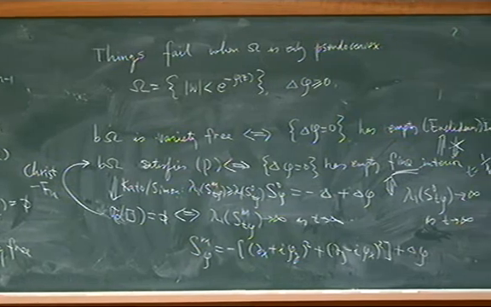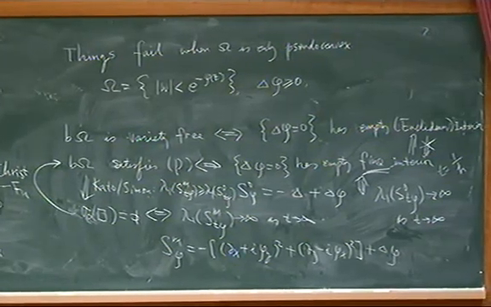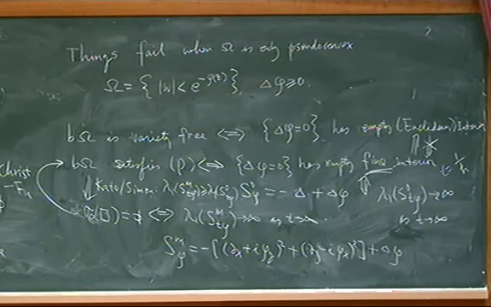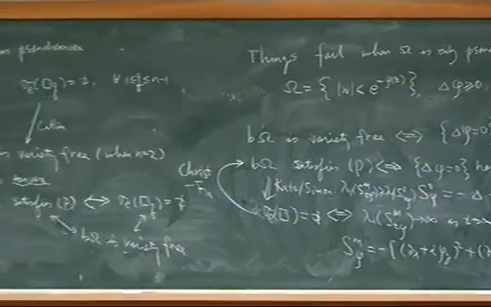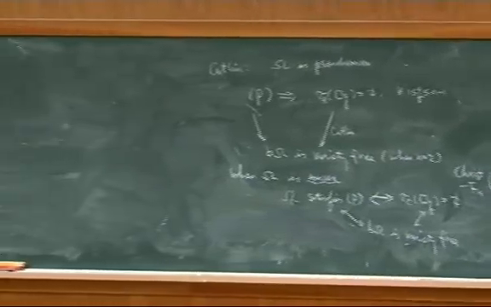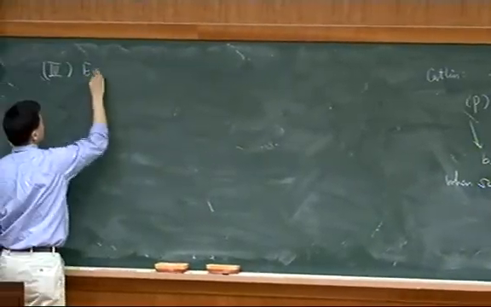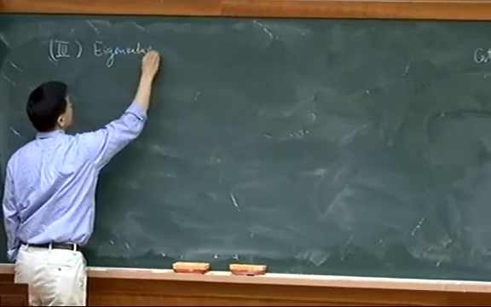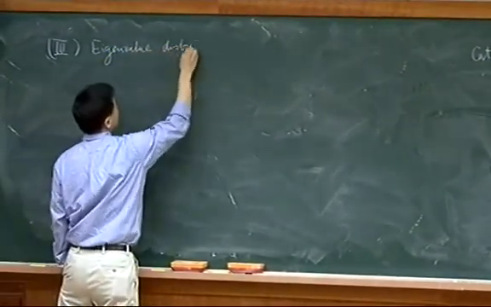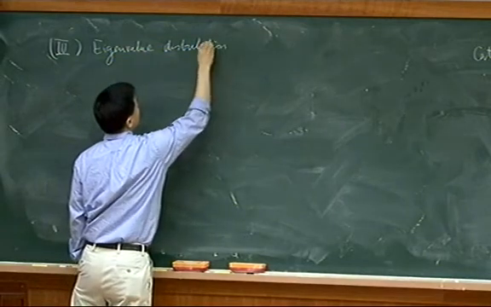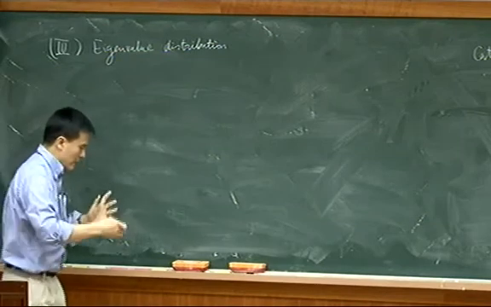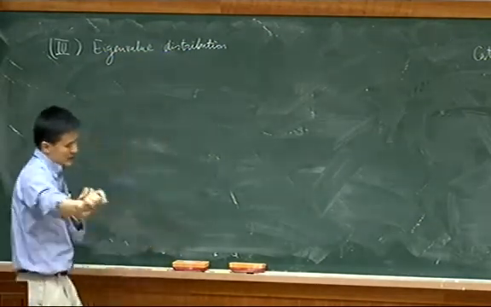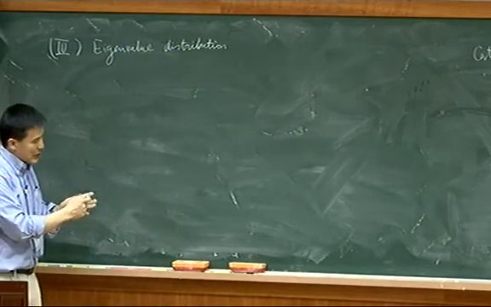All right, now let me talk about the last part, the last question, that is about the eigenvalue distribution. We would like to see how the eigenvalues distribute when the spectrum is purely discrete.